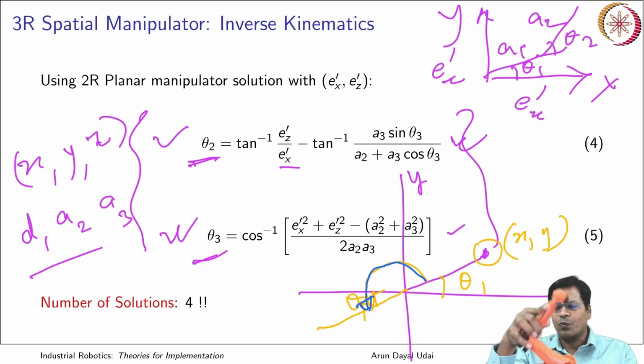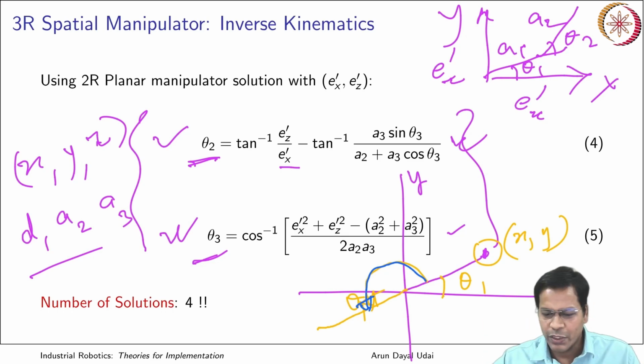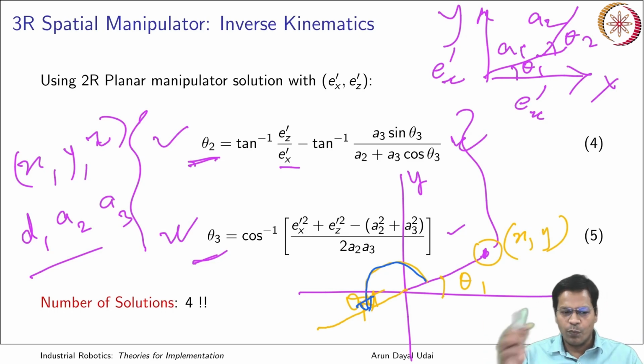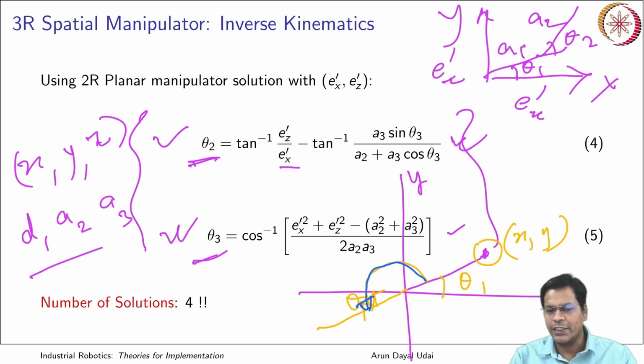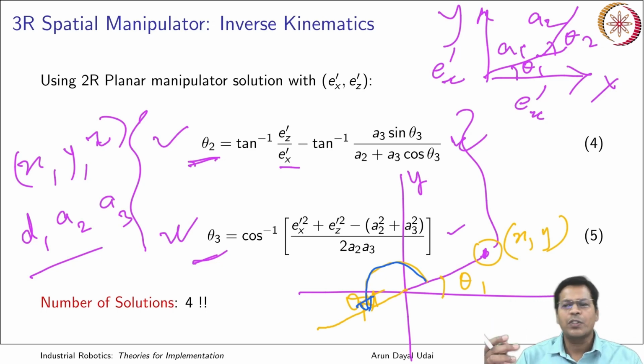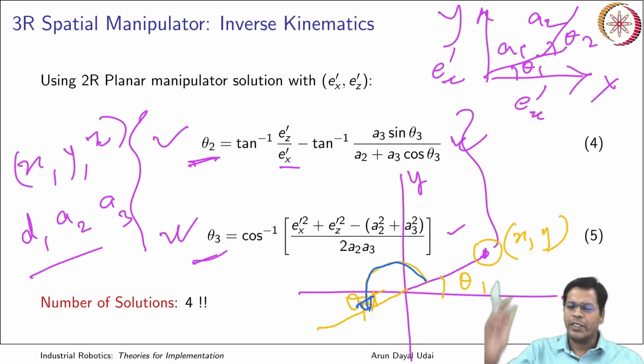Got it? So theta 1 is theta 1 plus 180 degrees, and again you have elbow up and elbow down solutions. So 2 for the front, and 2 from behind, elbow up and elbow down.